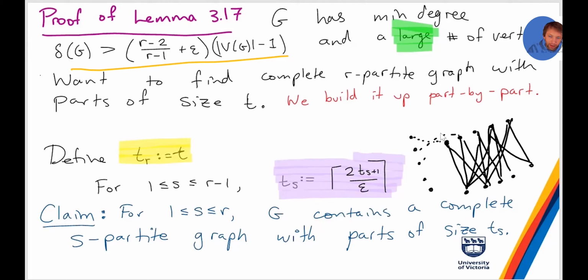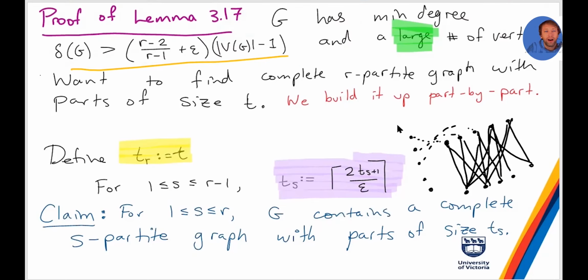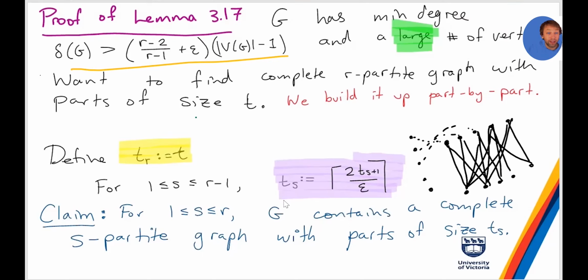Whenever I pick 5 other vertices, maybe one of them doesn't have an edge to the first one, doesn't have an edge to the second one, doesn't have an edge to the third one, and so on. I want to be able to throw some old vertices away so that I can build my next part. I don't know if that was helpful at all. Probably it wasn't, but let's go into the formal details, and then hopefully it becomes a little bit clearer.